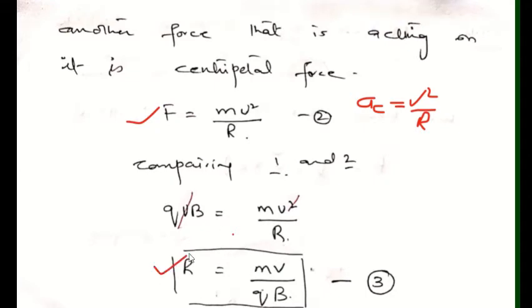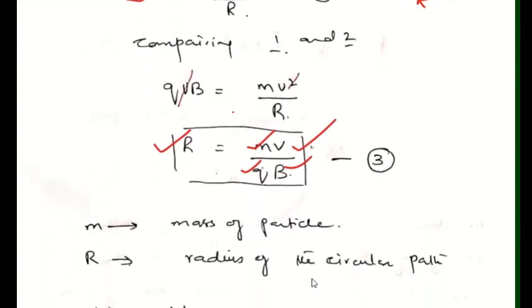and we can easily find the value of the radius of the circle if we know the mass of the particle, velocity of the particle, charge, and magnetic field. If we have an electron, then we will use the mass of the electron, and if we have a proton, then we will use the mass of the proton, and likewise for any other particle we are considering.